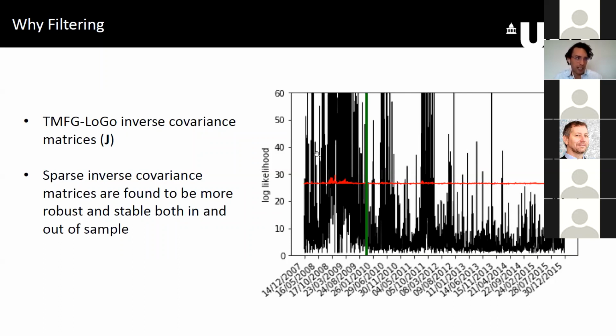That's expected, since the full covariance matrix likelihood is the theoretical maximum attainable. But still, the filtered likelihood is much more stable. Out of sample, instead, other than being much more stable, it also performs much better. So that's the reason why we used the filtered matrix.